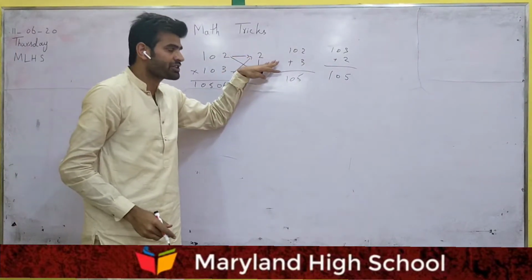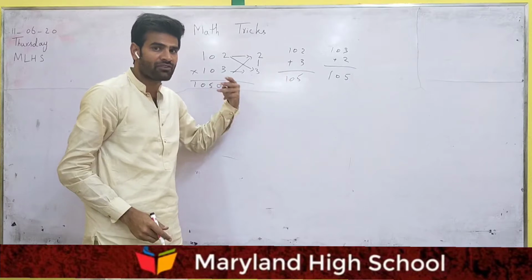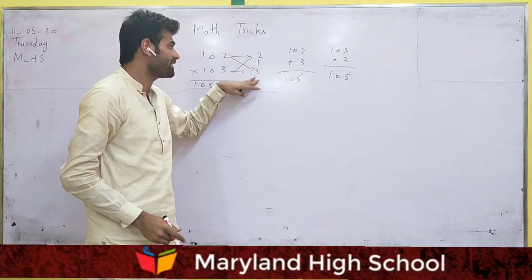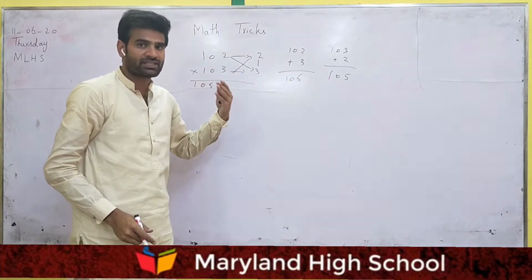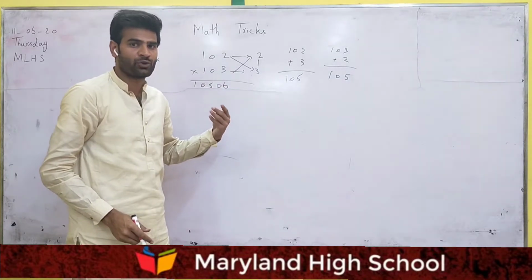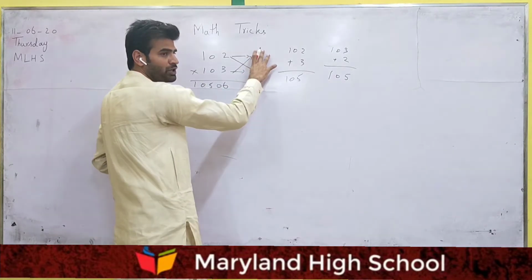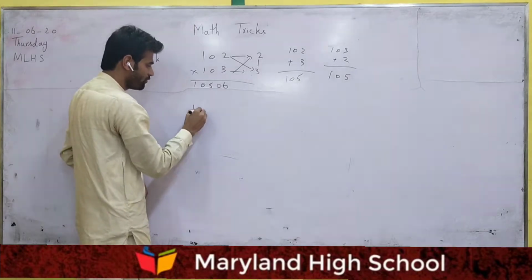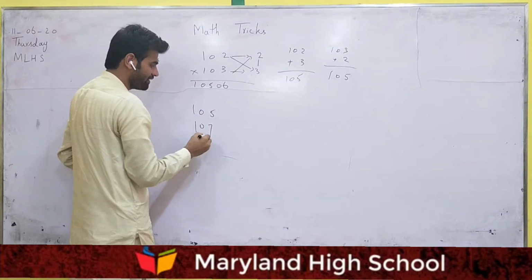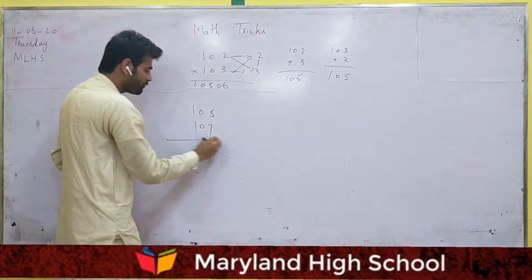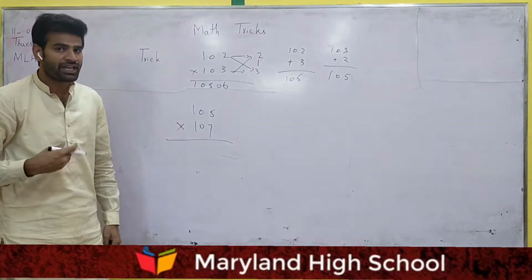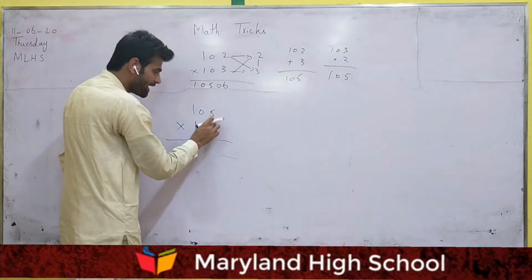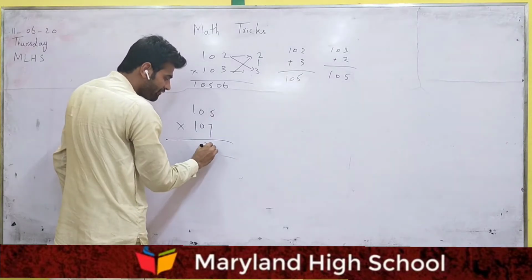We use this trick, and when we have complete command on it, after we practice a lot of questions, more than 10 or 20, then we don't need to write it. Just take another example, 105 and 107. These numbers are near to 100, and we find the multiplication. Again use this step. First multiply: 5 sevens are 35.